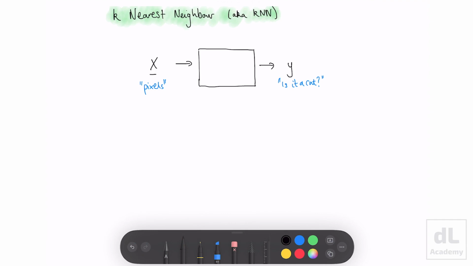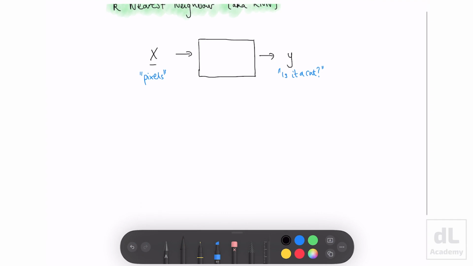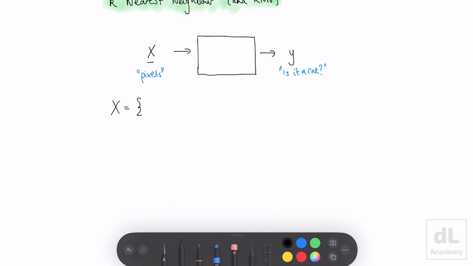Okay, so in supervised learning, what we end up having is labeled examples of this. So we'll have a whole set of X's. In maths, little curly brackets means set. This is nothing more than just a bucket of examples. In the picture example, you could think of it as a folder on your computer where you have lots of labeled examples.